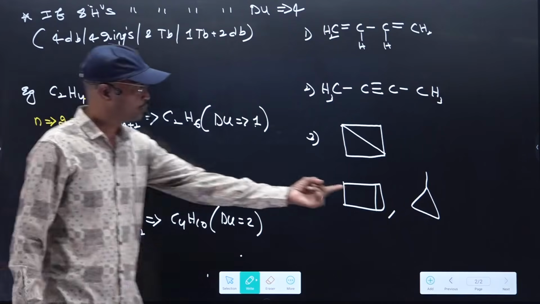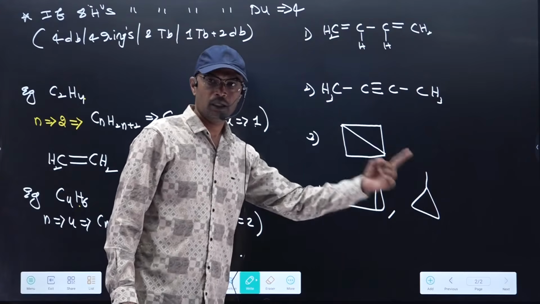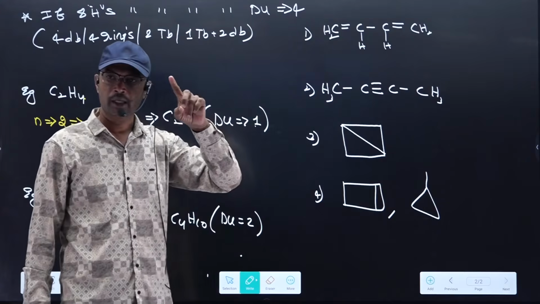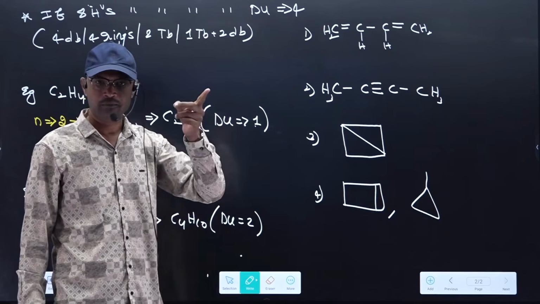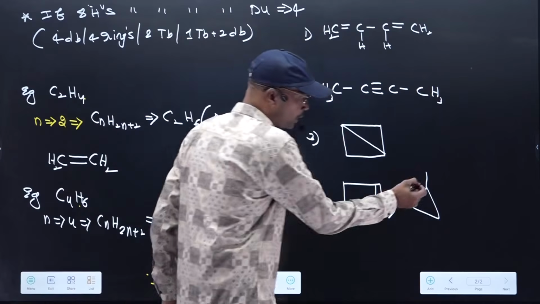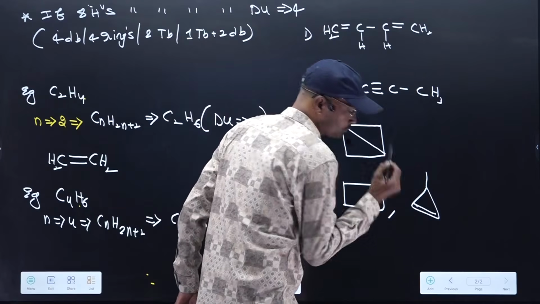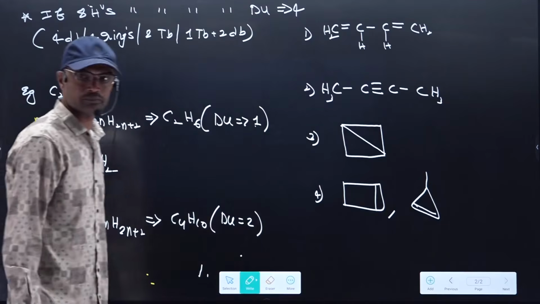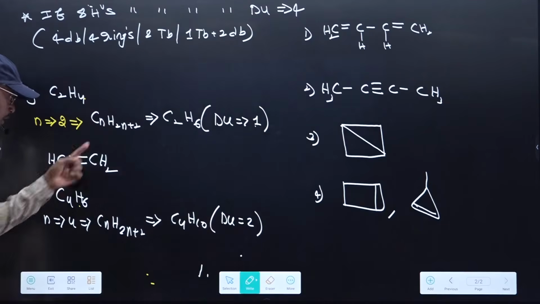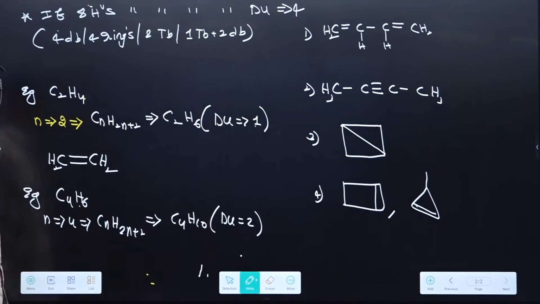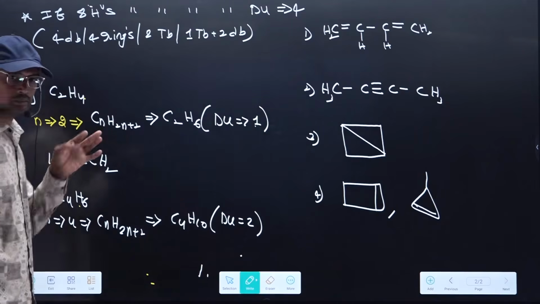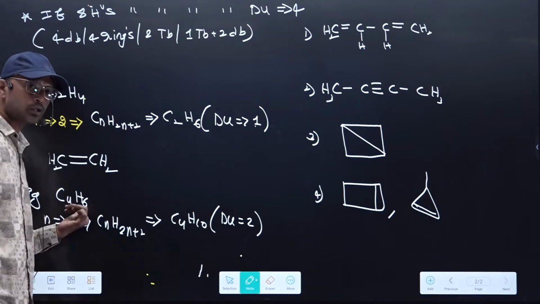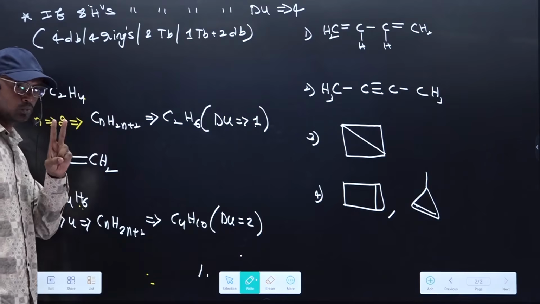4 carbons are over. Du, one ring, one double bond. So I can put one double bond outside or inside, anywhere you can put. Is the Du matching? Focus on carbons and Du, automatically hydrogens will follow. No need to see hydrogens. C4H6, what is the Du? 2.